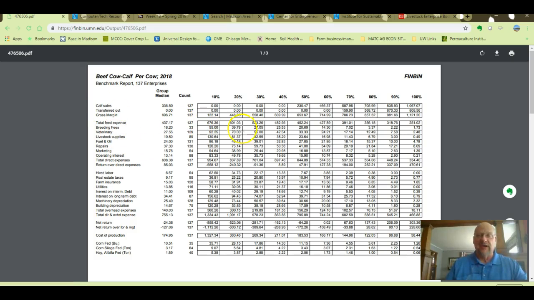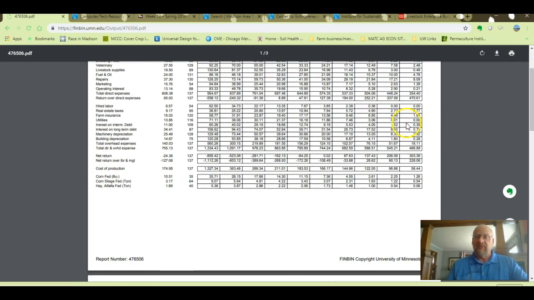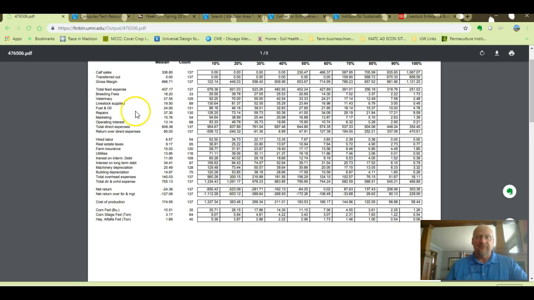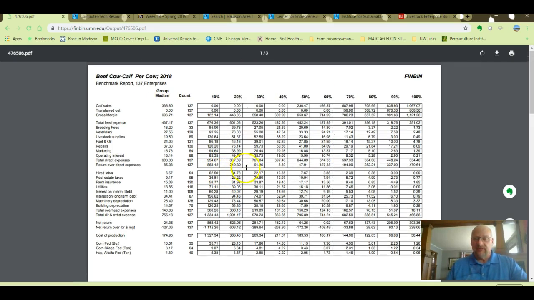You can see how the costs break out for people who are profitable and successful in their farming business, where the lower units are losing almost $600 per cow on the low end, while the folks on the high end are making almost $500 per cow. So kind of a big difference.